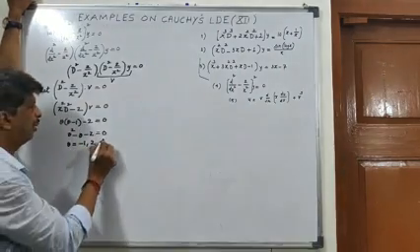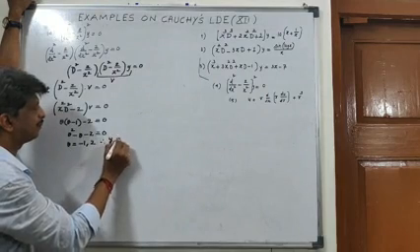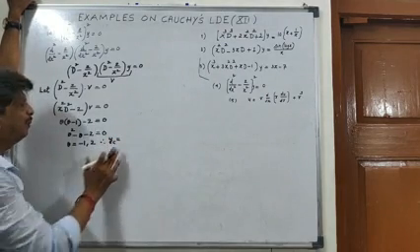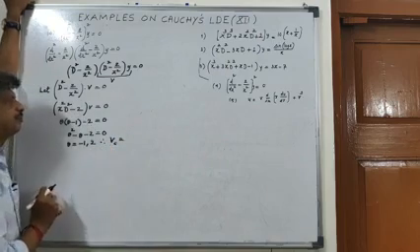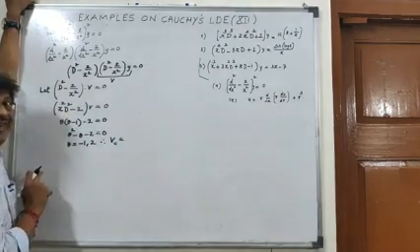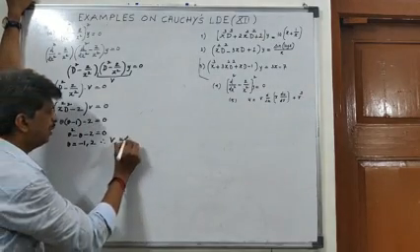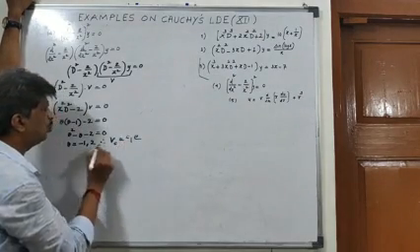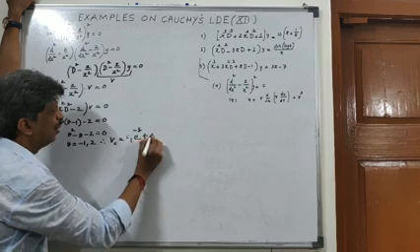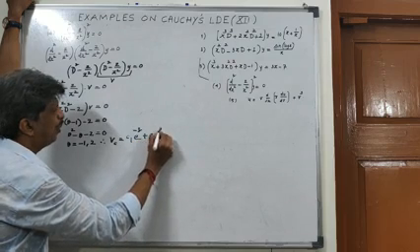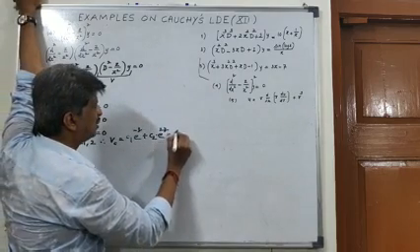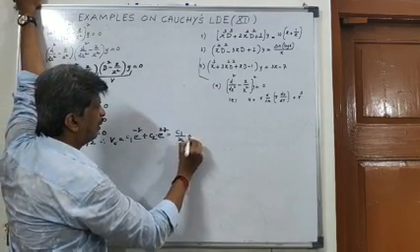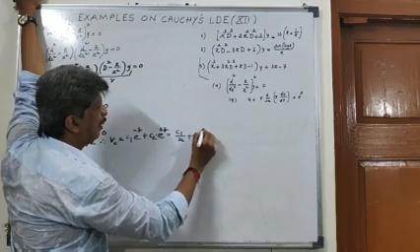Therefore, not YC, perhaps VC, because the dependent variable is V here. C1 e raised to power minus z plus C2 e raised to power 2z, or it is C1 by x plus C2 into x square.